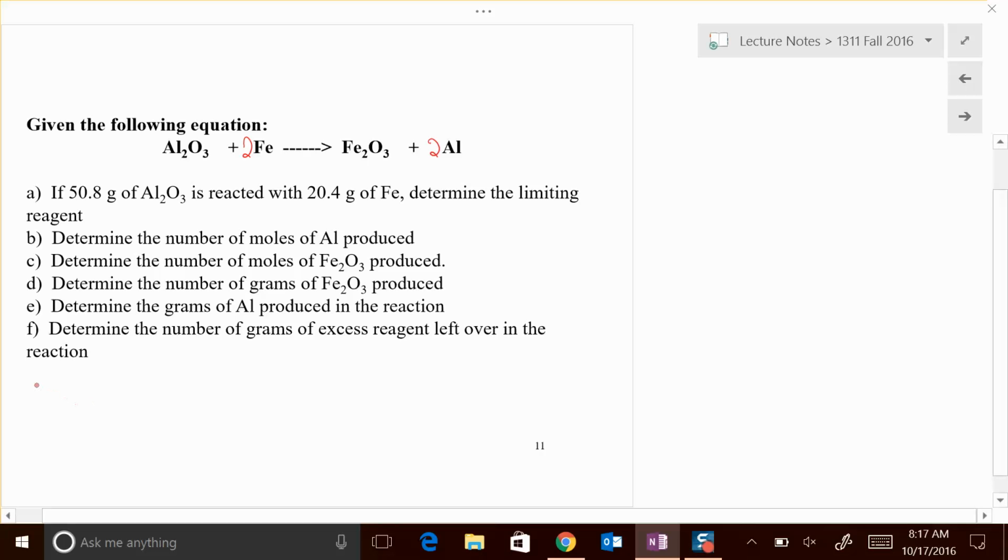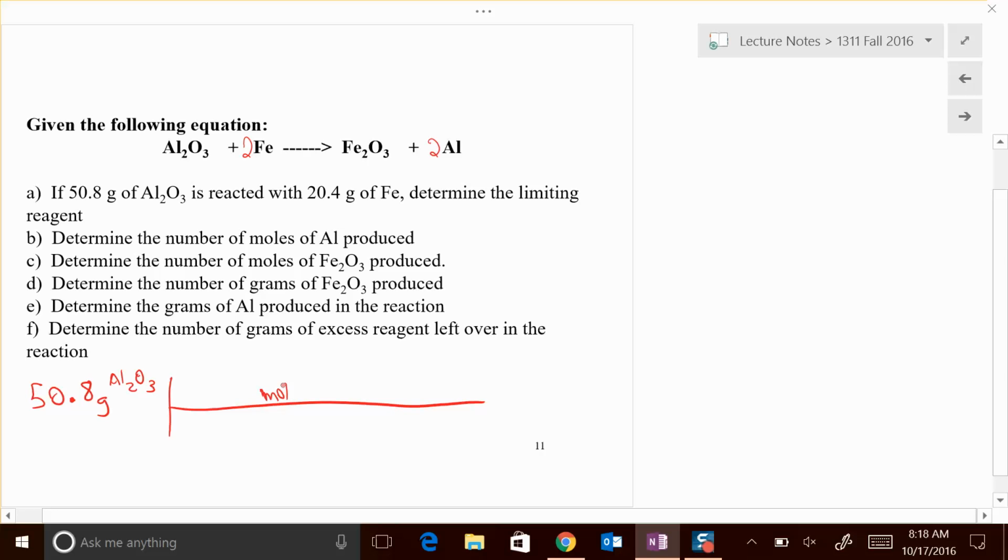Okay, so start with 50.8. Do I have to start with 50.8 grams of Al2O3? No, I don't. I could do it the other way. I could start with the 20.4 grams of iron if I wanted to. Doesn't matter. So we're going to go from the grams of Al2O3 to the what?